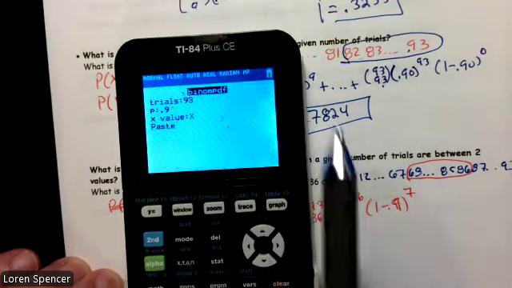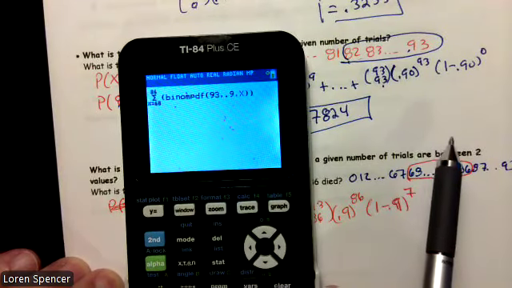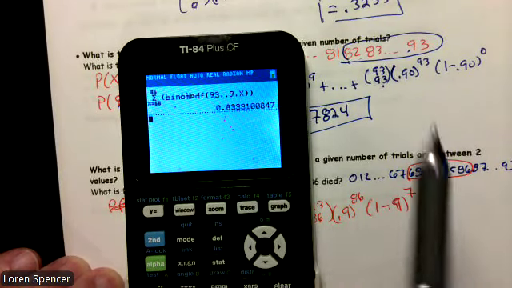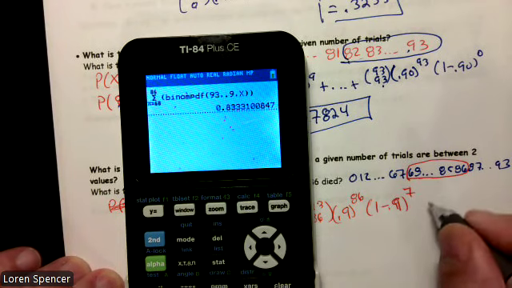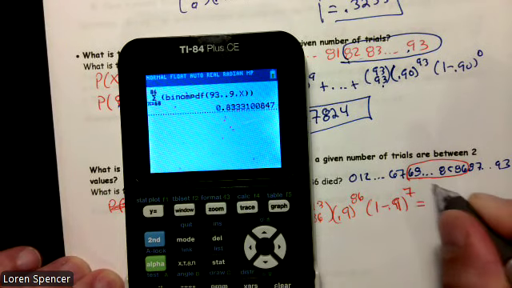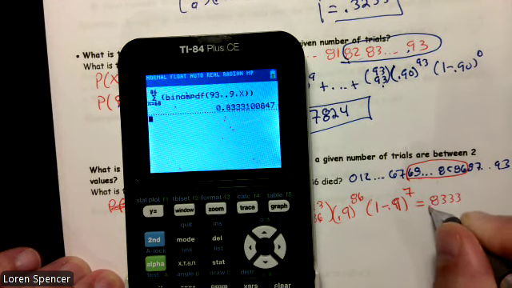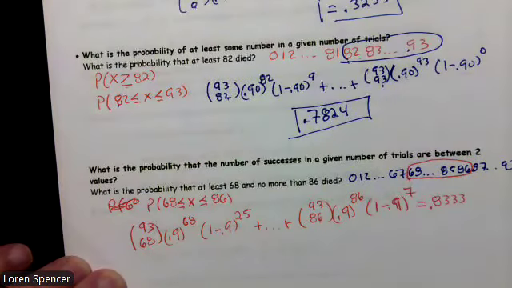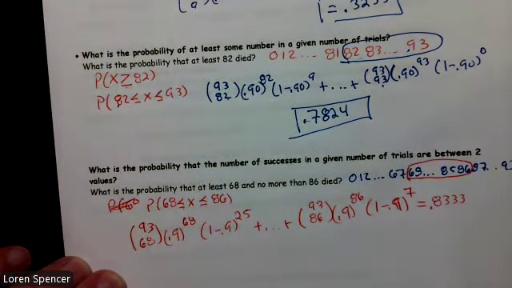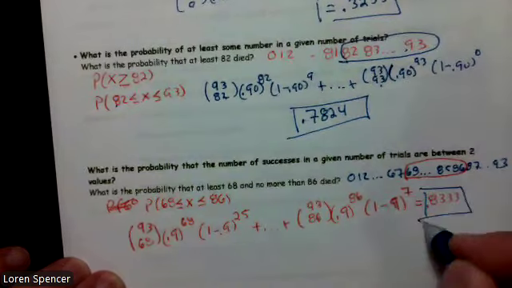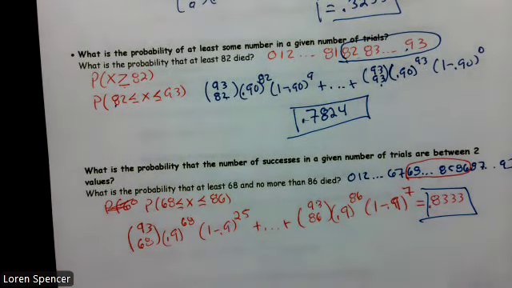We have X. And there's about an 83% chance that we'd have between 68 and 86 people die out of a group of 93 who were infected. So a pretty high probability that this is where the number of deaths is going to be.